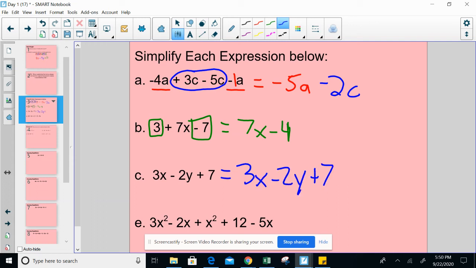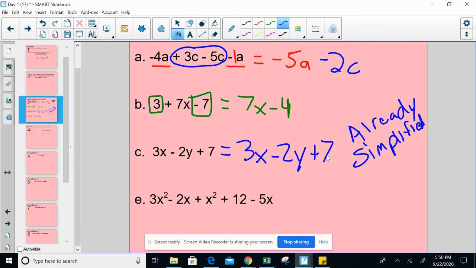Or if you want to write out "already simplified," you can do that. It's honestly, I think it took more time to write out "already simplified" than the actual answer. So you can do either thing, but you have to just show me that you know it's already simplified.